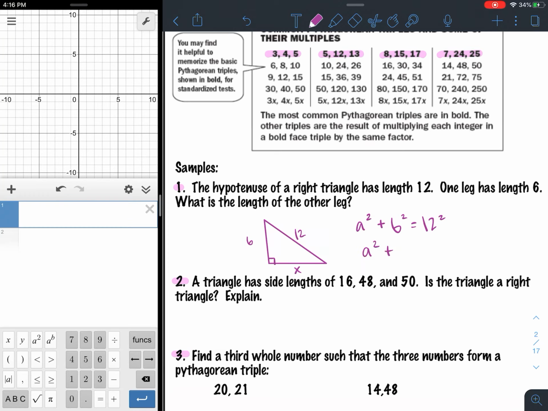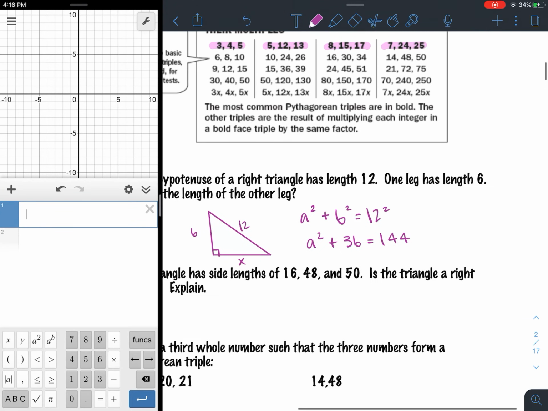A squared plus 36 is equal to 144. And remember that as far as our course is concerned, we always want to keep things in simple radical form. So when we do 144 minus 36, we end up with 108.